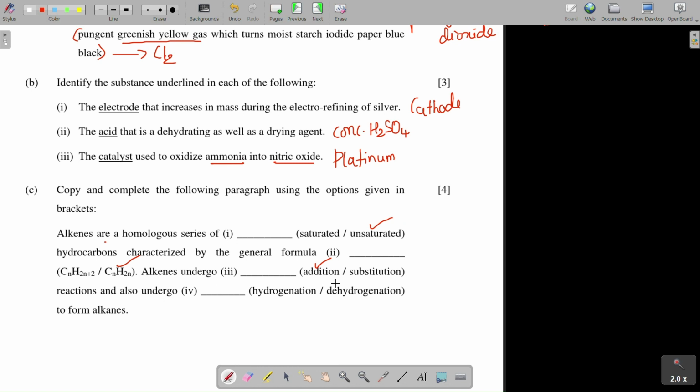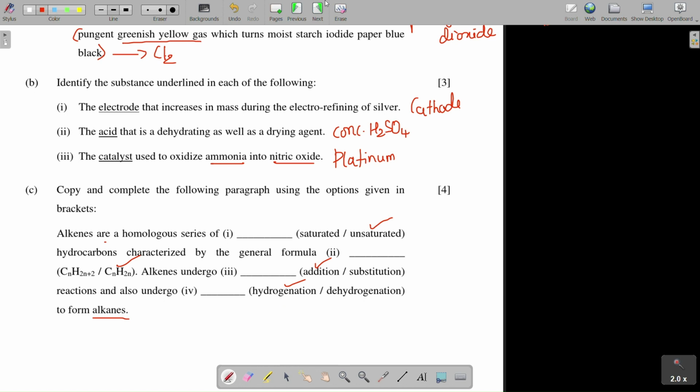Remember, alkenes and alkynes undergo addition, alkanes undergo substitution, and alkenes also undergo hydrogenation to form alkanes. This is also addition only. When alkenes undergo hydrogenation, they will give alkanes. Means unsaturated, they will become saturated.